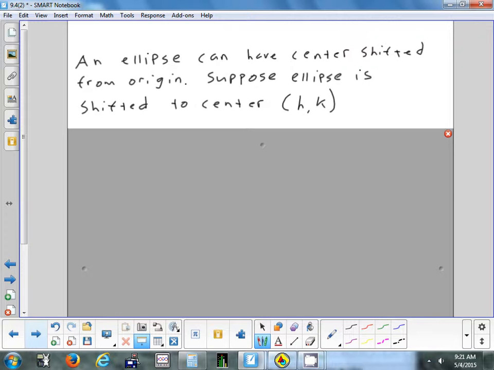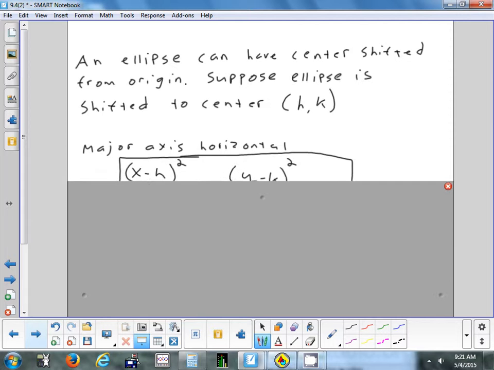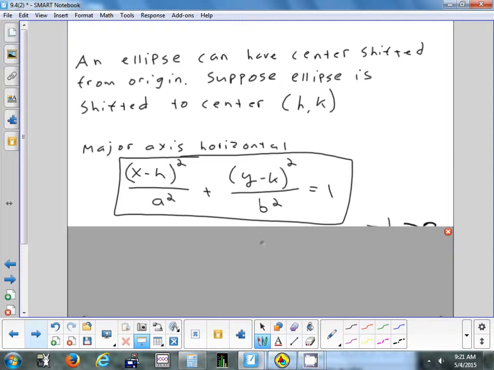So last thing we're going to talk about is taking an ellipse and shifting it to a different center point. The coordinates of the center are going to be h, comma k. So now there's five letters you need to find: A, B, C, H, and K. This is the equation where your major axis is horizontal.